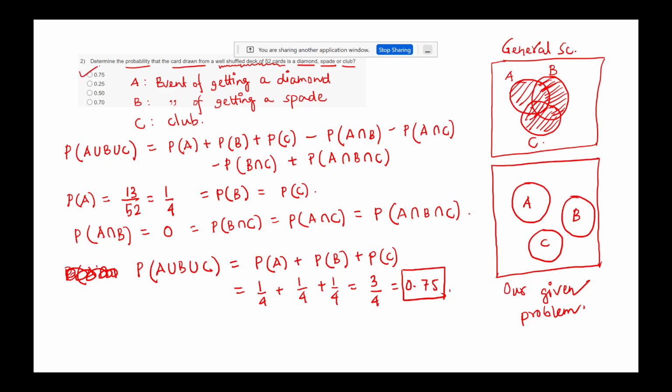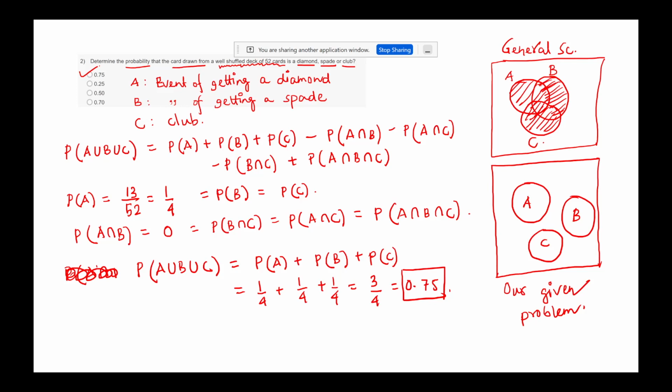So I have solved it considering all the general considerations, so that you can solve any problem using this formula or this concept, because sometimes there can be an intersection, and those events are not mutually exclusive.